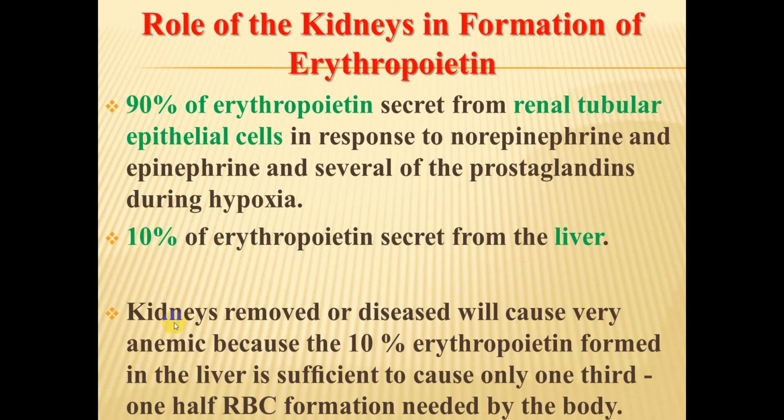So any defect, removal, or disease in the kidney will cause severe anemia, because the 10% from the liver is sufficient only for 1/3 to 1/2 of the RBC formation needed for the body. So it is very important that a person has at least one healthy kidney to avoid the anemic state.